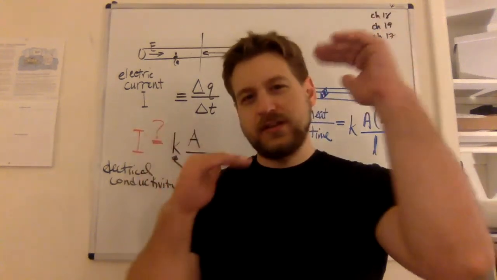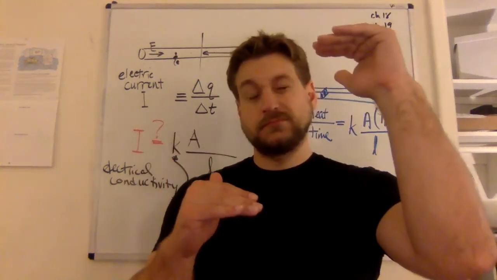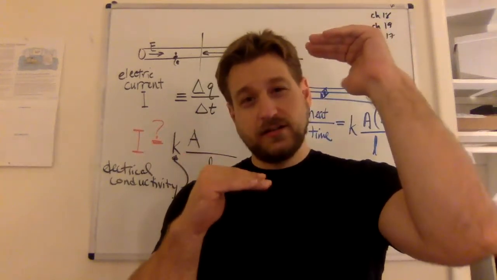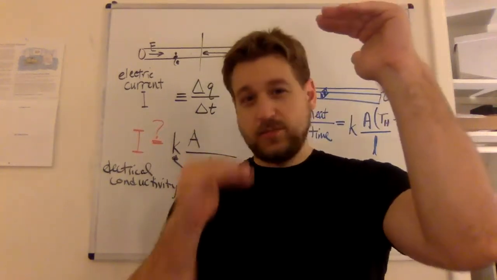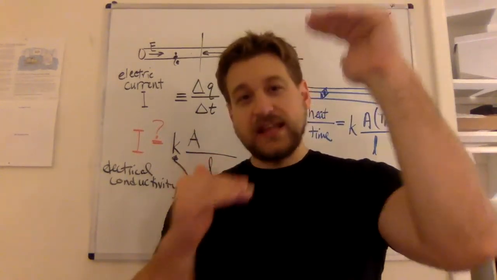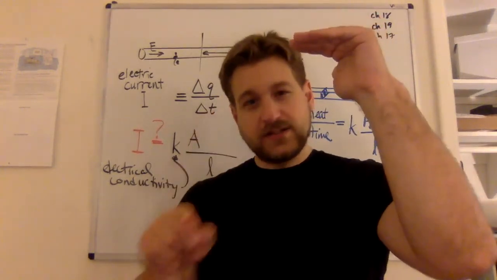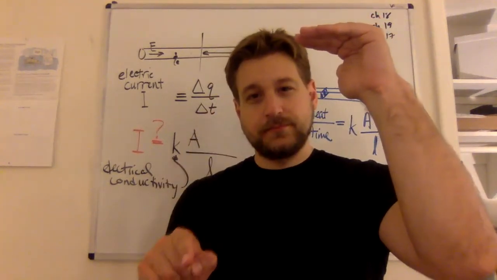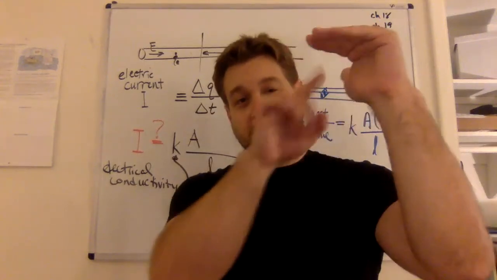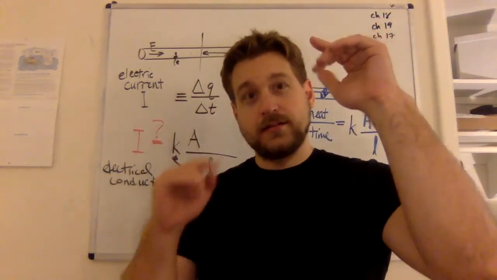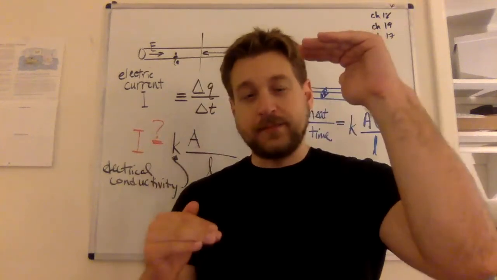The greater the difference in the gravitational potential energy at the top and the bottom, the bigger that difference is, the more kinetic energy we can have at the bottom relative to the top. The more we can speed up relative to how fast we were going at the top.